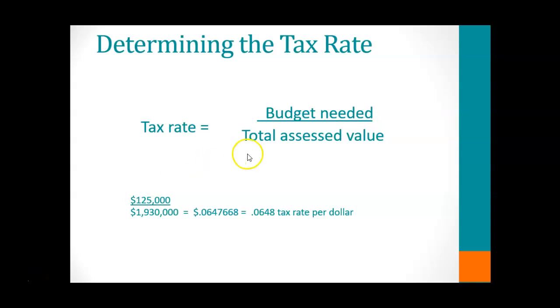They'll look at all of the property in that city or county and determine what is the total assessed value of all of those properties. For the example we're using here, the amount is $1,930,000. That gives us a tax rate of roughly 0.06, a little bit over 6 cents per dollar.